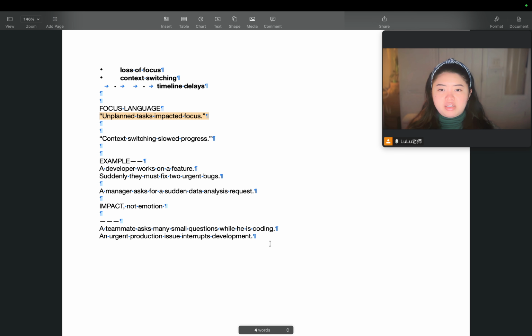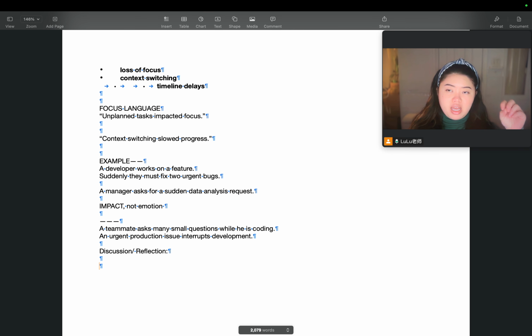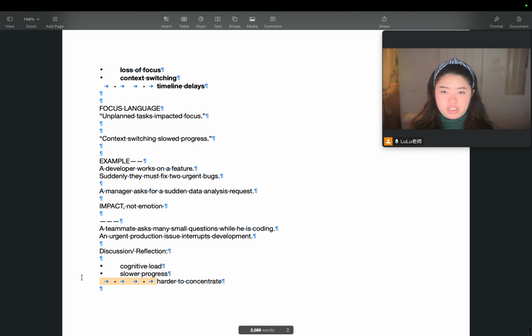Excellent. Now let's do a little bit of a discussion, or we can call it a reflection. We explained what context switching means, but can you tell me why context switching is inefficient? So this is where my student may answer in the form of details, and I will guide my student to answering more in the labels, which is the abstract thinking we mentioned earlier.